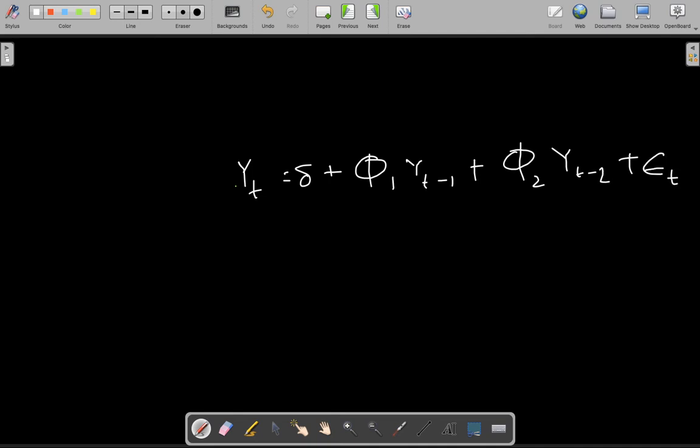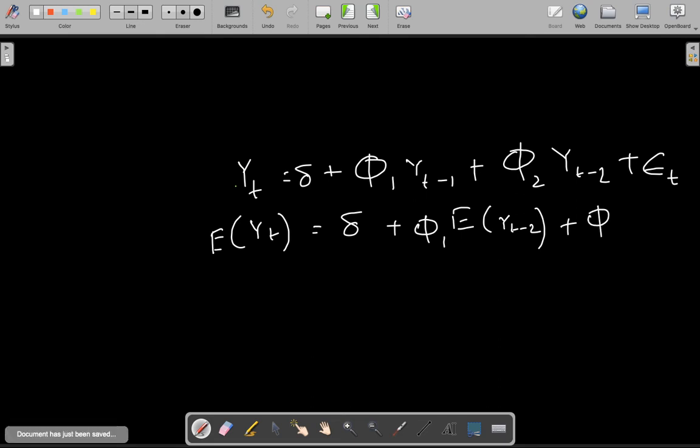Now you take expectation. Expectation of y_t, and here you have delta, a constant, so the expectation of delta is nothing but delta. Then you have phi 1 times expectation of y_(t-1), phi 2 times expectation of y_(t-2), and then the expectation of the error term, which is nothing but 0.